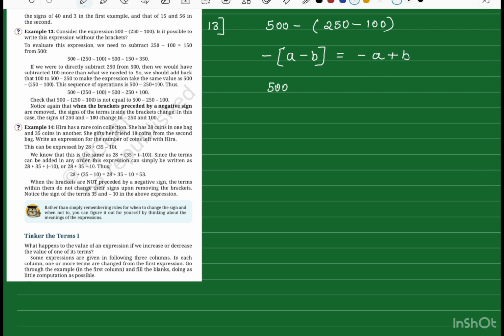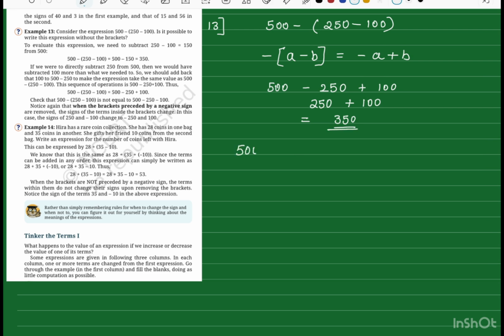Therefore we can write 500 minus 250, this minus and minus become positive, plus 100. 500 minus 250 is 250, plus 100 is equal to 350.